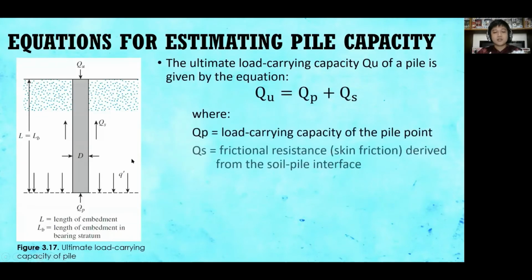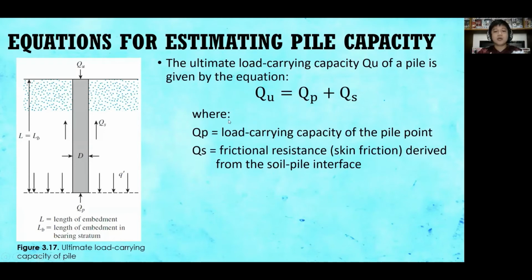So for the equations now for estimating the pile capacity, the ultimate load carrying capacity, QU, of a pile is given by the equation, again, as presented earlier, with our different types based on their function. So QU is equal to QP.